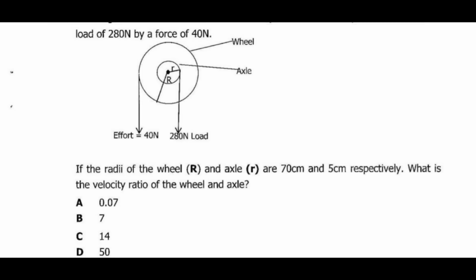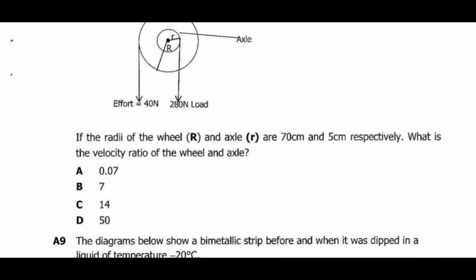So how can we find this number here? For us to find the velocity ratio, we'll say velocity ratio is equal to capital R, which is the radius for the big circle, divided by small letter r. The radius for the big circle is 70, so we have 70 centimeters over 5 centimeters.